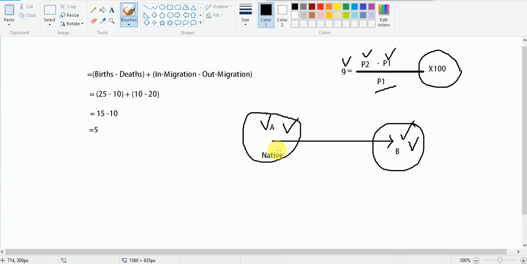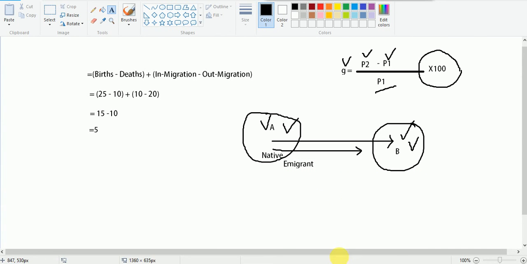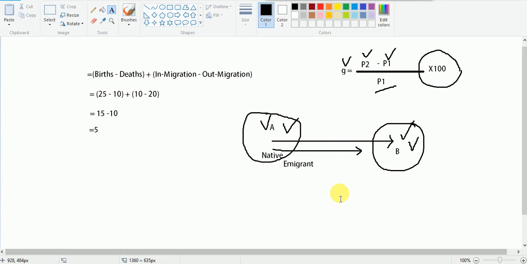When you are moving out from your country, you are called an emigrant, and the process is known as emigration. That means you are moving out.